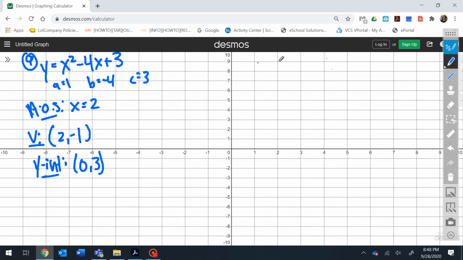So axis of symmetry at 2. 2, negative 1 is right here. 0, 3 is our y-intercept, and we can reflect it to get our other point.